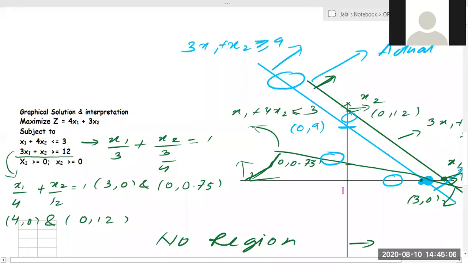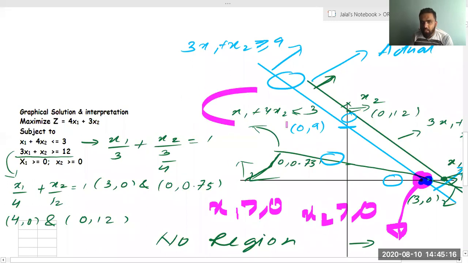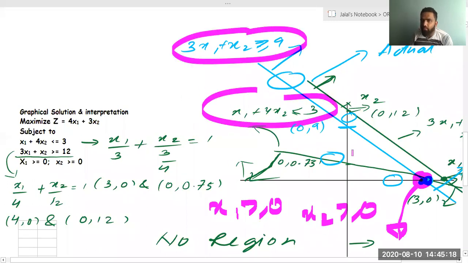And with x1 greater than or equal to 0 and x2 greater than or equal to 0, this line equation and that line equation all have this point as common, right? So which is my common point? 3, 0 is my common point.